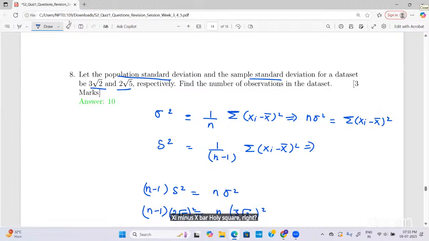And from here, we can write that n minus 1 s square is equal to summation of xi minus x bar whole square, okay? Now you can see that the right hand side of both is same. So we can write that these two values are equal to each other.